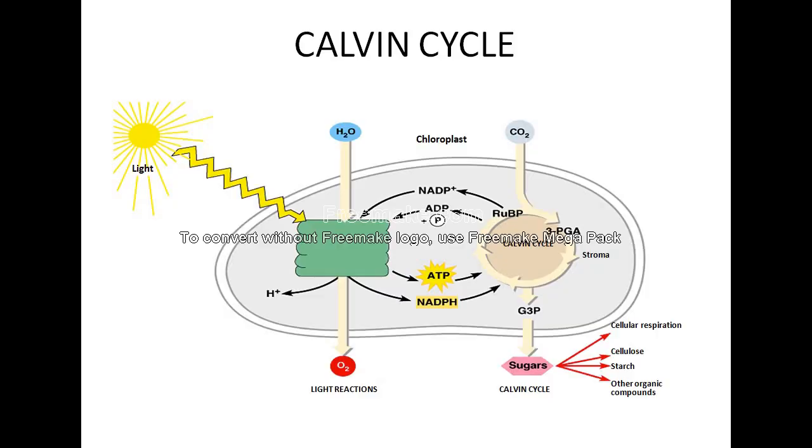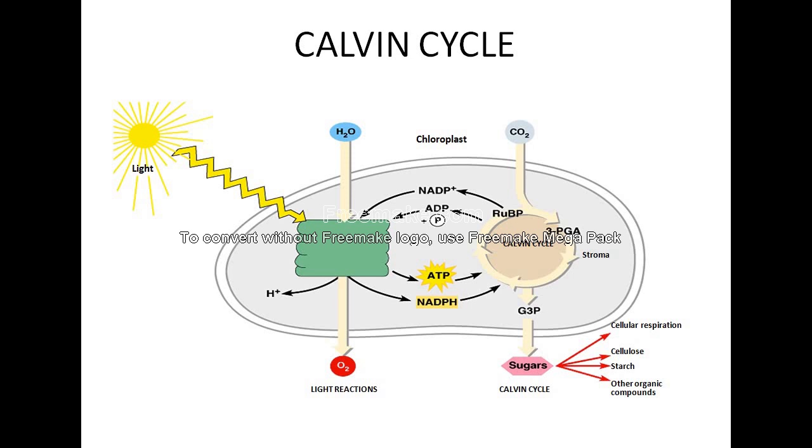this one, Calvin cycle. You can see that the ATP and NADPH were synthesized by the light reaction in the non-cyclic and cyclic photophosphorylation, and this is going to be the raw material for the conversion of the inorganic form of carbon dioxide.